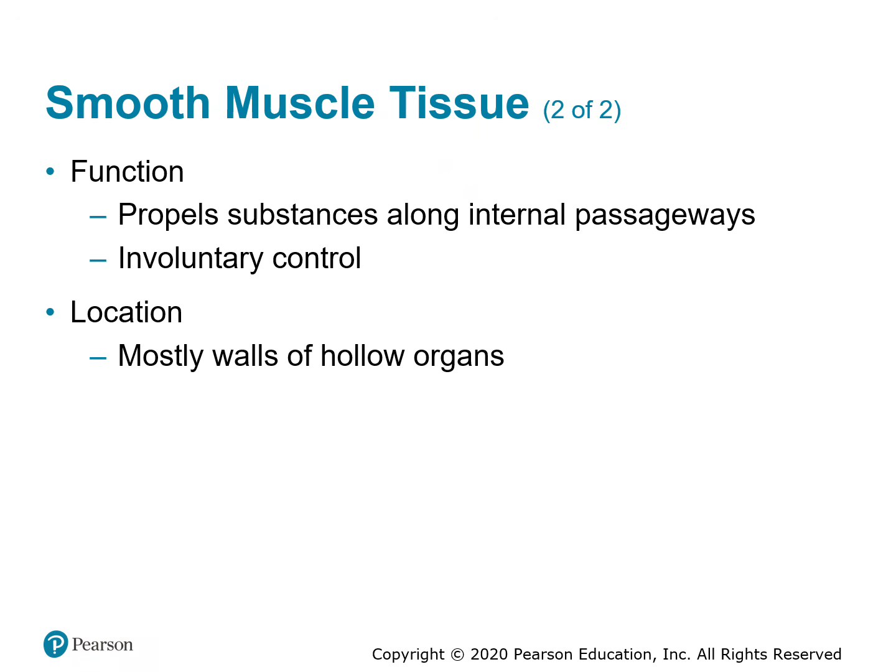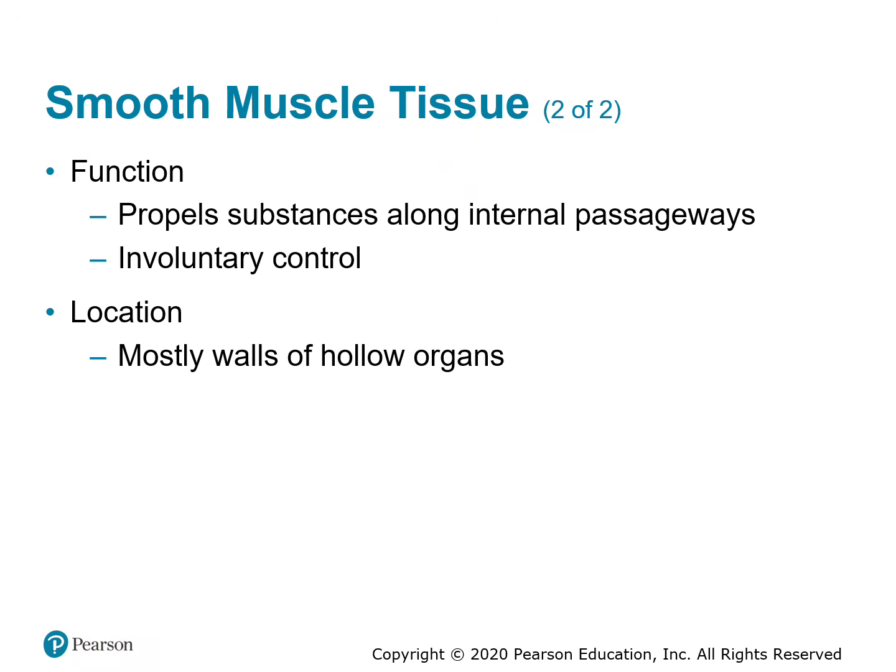Smooth muscle is going to move substances along internal passageways. So whenever you eat food and that food is kind of running through your intestines, it is moving in this peristaltic wave motion. And that peristaltic wave motion is powered by this smooth muscle tissue. Okay?